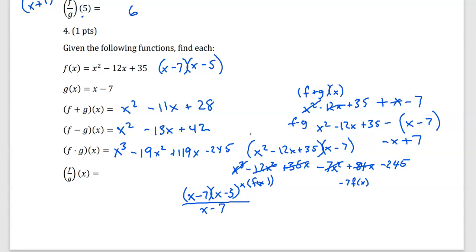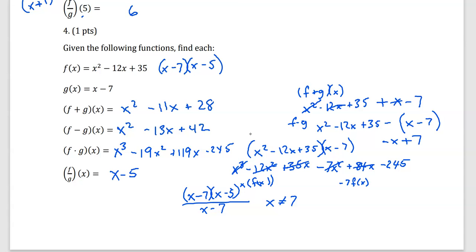Well, x minus 7 is canceled out, except for where x is equal to 7, so I have to stipulate this isn't valid when x is equal to 7. But in general, the solution is x minus 5, f divided by g of x. Now in the solution, they just show you this as valid.